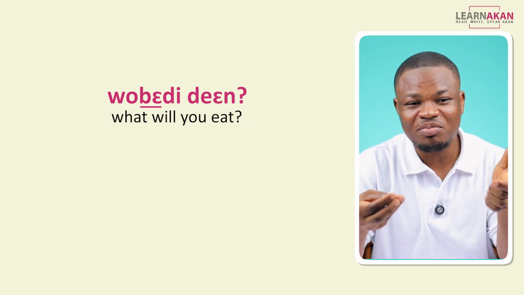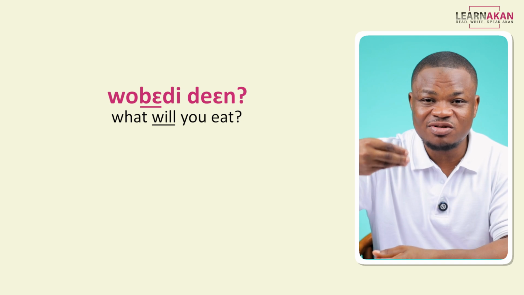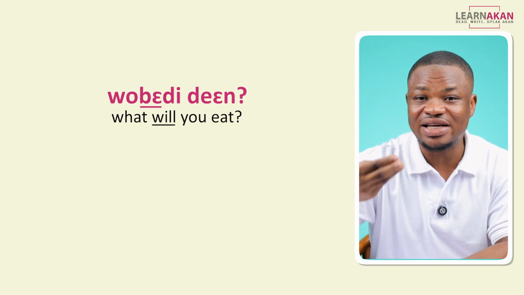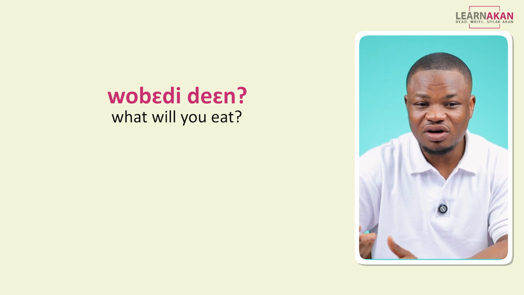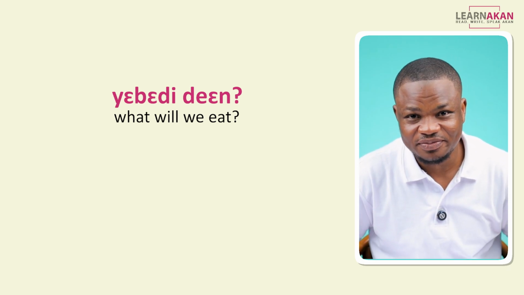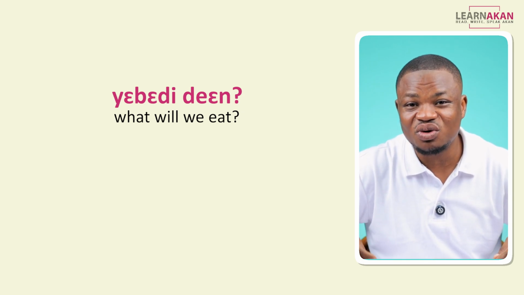You can also ask "Ubedi dien?" So the be in the middle is the future tense marker, "will." So "Ubedi dien?" What will you eat? You can also include yourself in it, so you can ask "Yebedi dien?" What will we eat?